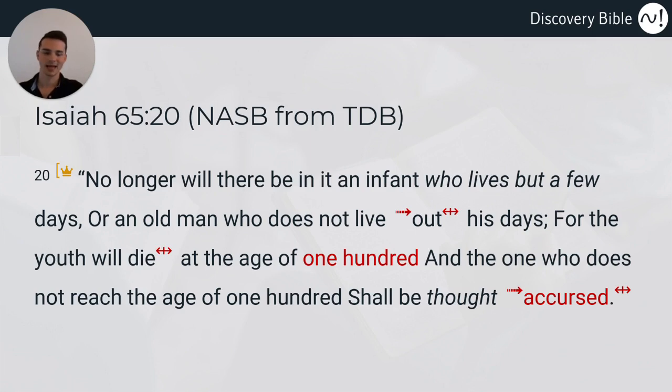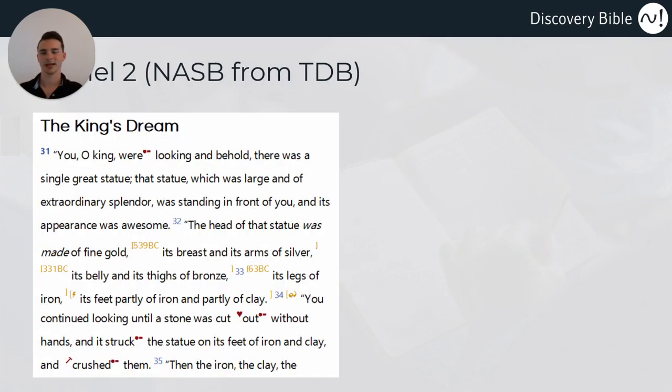And one last example we'll show you is Daniel chapter 2. Sorry, you can't see Daniel chapter 2. Which is a very famous passage where Daniel is interpreting the king's dream, and we hear of Daniel's statue.